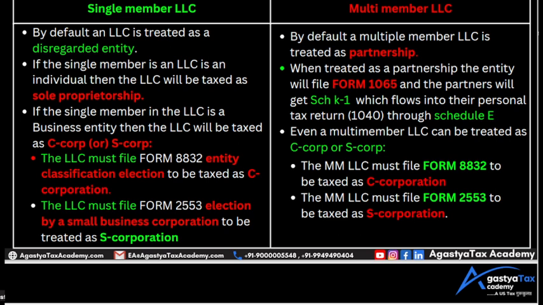And the partners will get Schedule K1. Schedule K1, in a different color, flows into their personal tax return, in brackets 1040, through Schedule E.